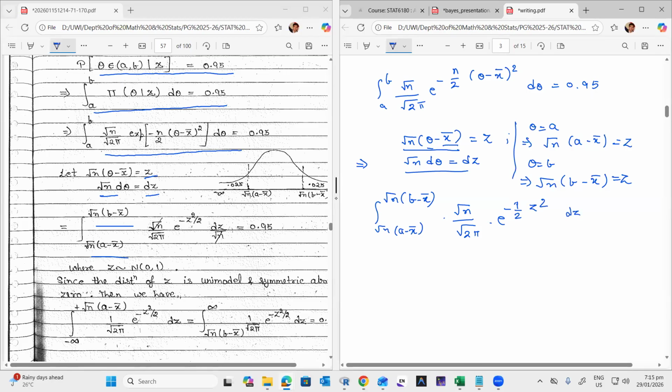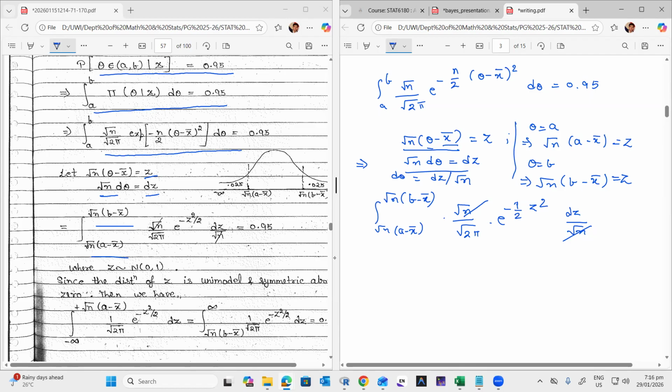So dz, so from here d theta will be equal to dz divided by square root of n. Square root of n will be cancelled out.